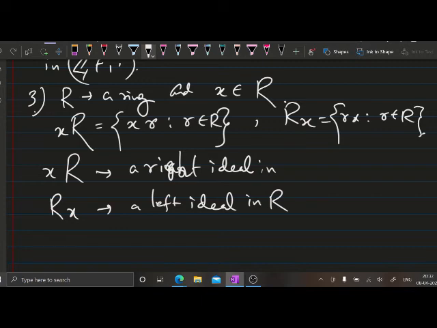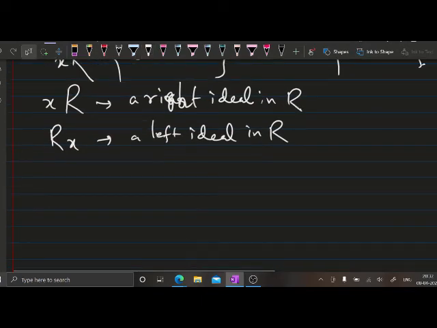I leave it to you as an exercise to check whether these are right ideals and left ideals or not.